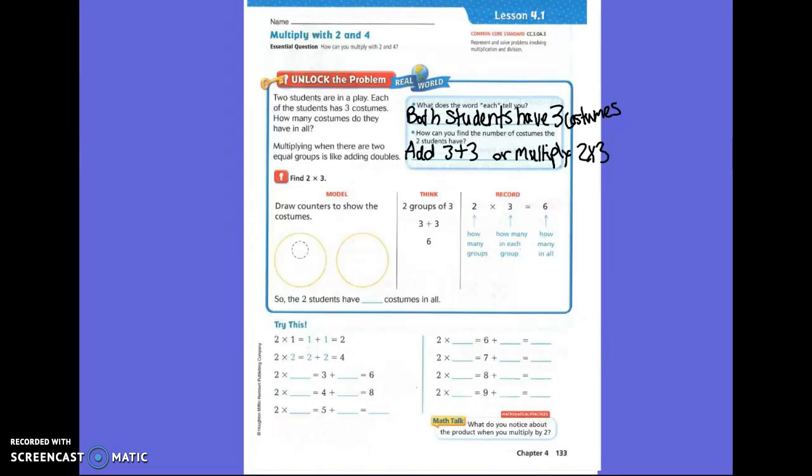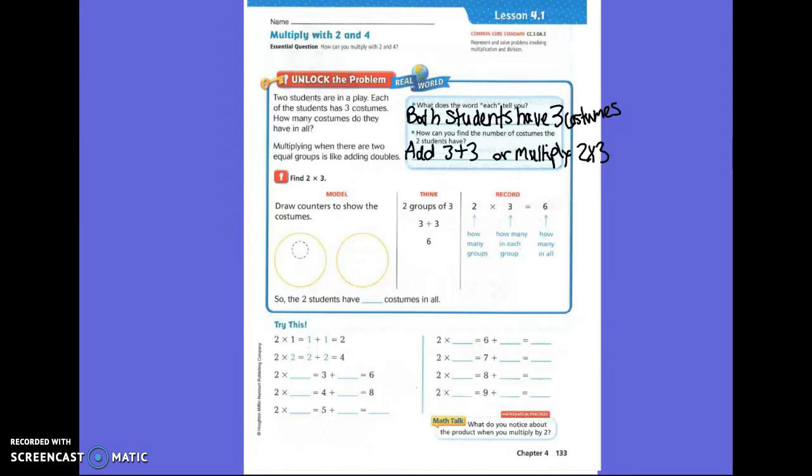Just write this one down. 2 times 3. They want to show a model by using equal groups. So, they are drawing 2 counters, or 2 big circles for the 2. For 2, the 2 groups means 2 what? Students.